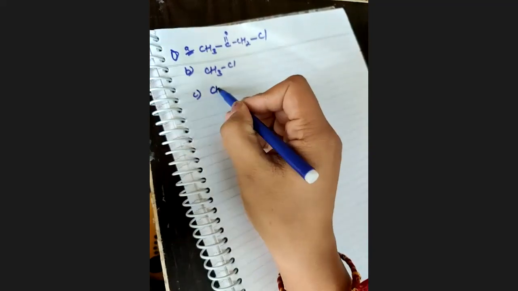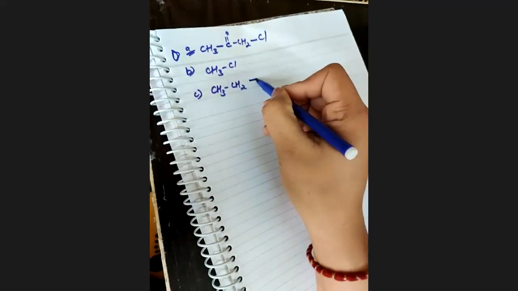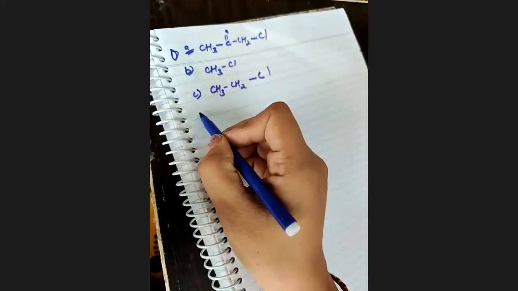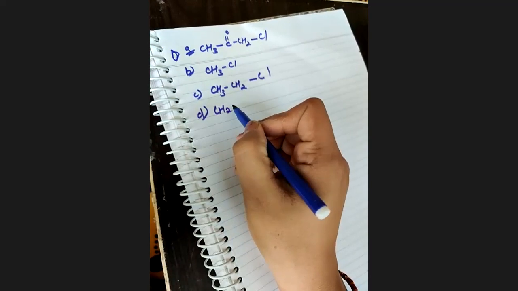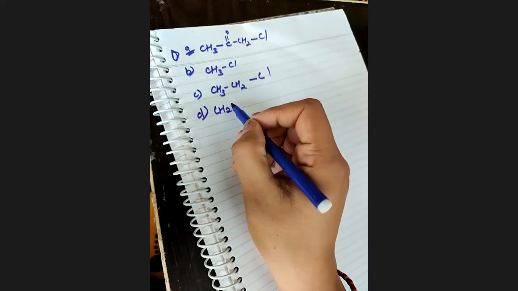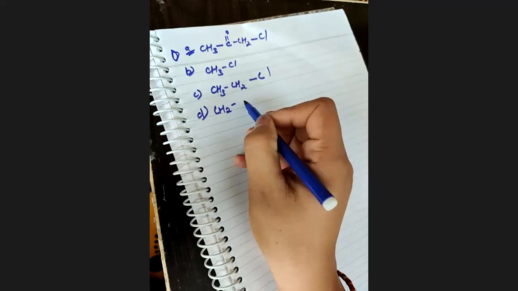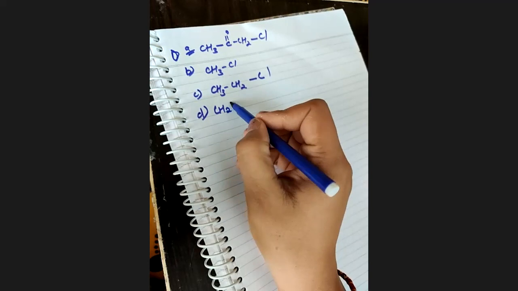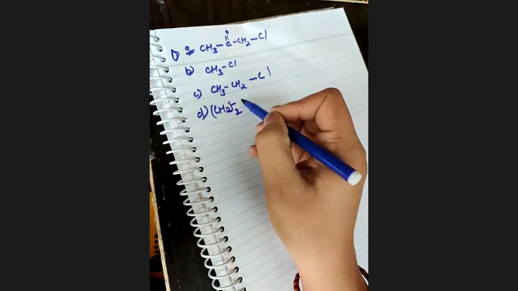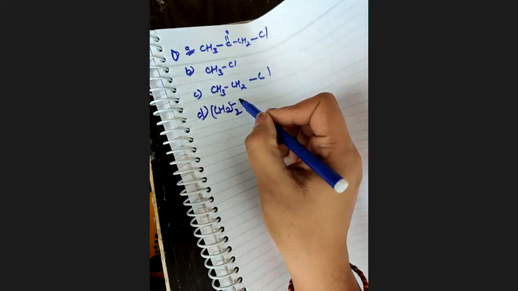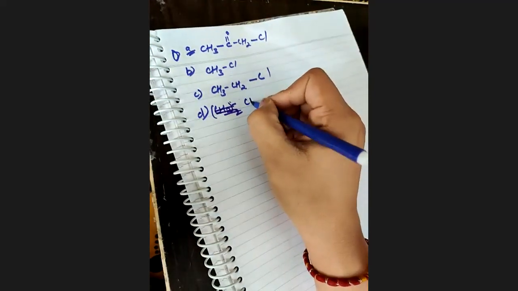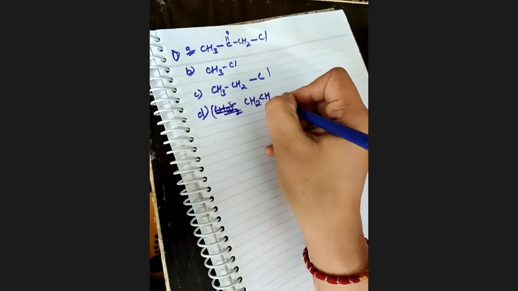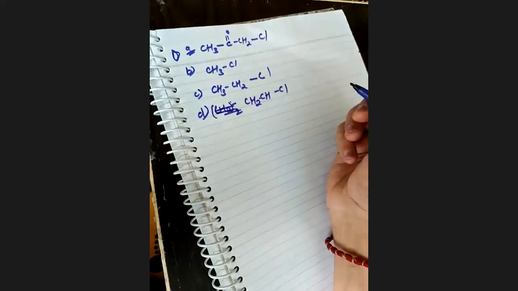C option is CH3 CH2 Cl, and D is CH2 CHCl.